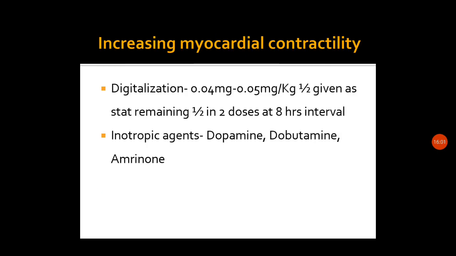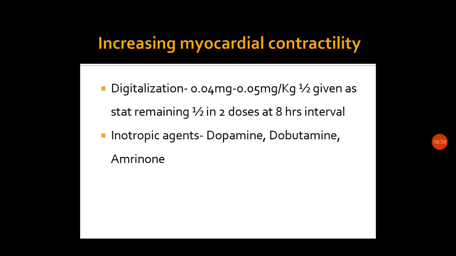So, increasing myocardial contractility: for that particular goal, we administer digitalization or digoxin. We will be administering in a dose of 0.04 milligram to 0.05 milligram per kilogram, and half is given stat and the remaining half in two doses at 8 hours interval.